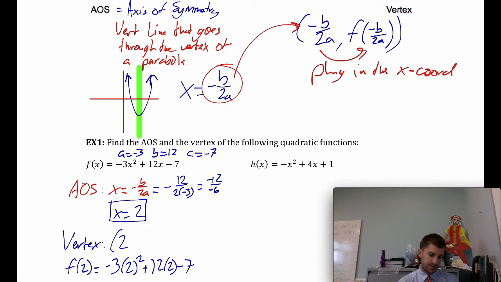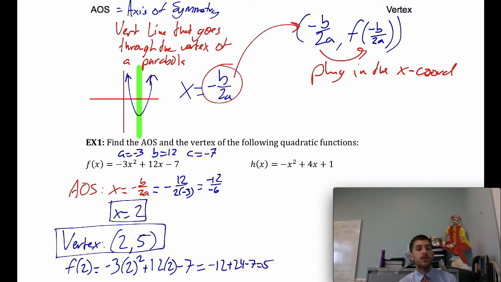Negative 3 times 2 squared: 2 squared is 4, and negative 3 times 4 is negative 12. 12 times 2 is 24, minus 7. So negative 12 plus 24 is positive 12, minus 7 gives us 5. So the y coordinate for our vertex is 5. The axis of symmetry was the line x equals 2. The vertex is at the coordinate (2, 5).